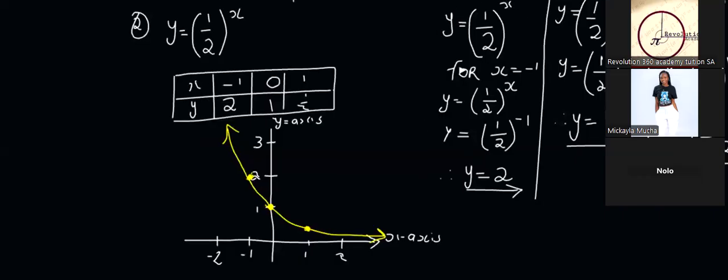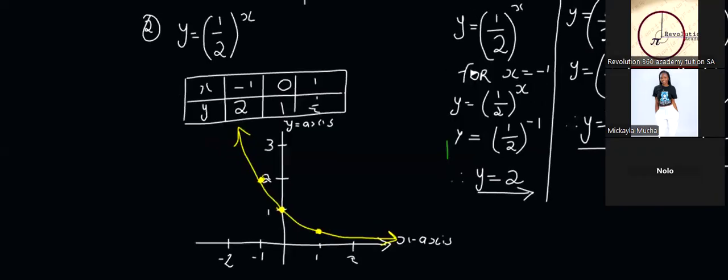Here, that will be the common coordinate. So those two graphs, they were gonna move like this. But take into consideration that these two graphs should never touch the x-axis, because the x-axis acts as an asymptote.